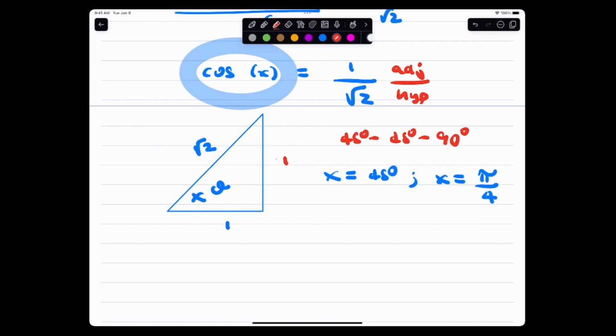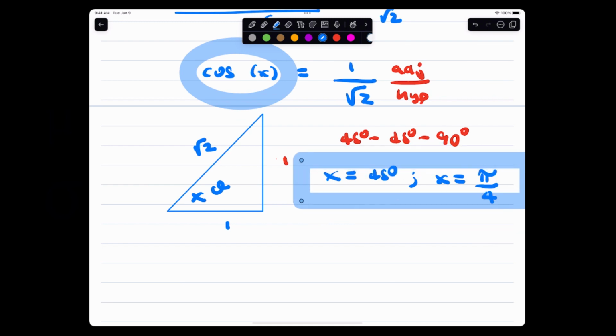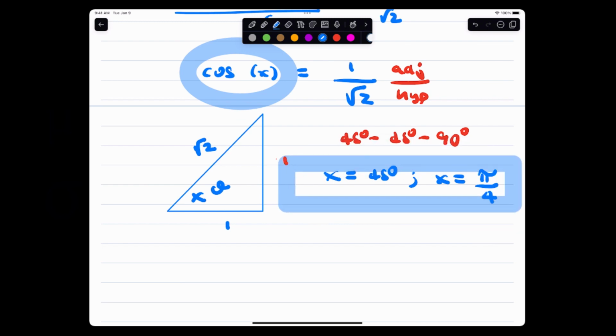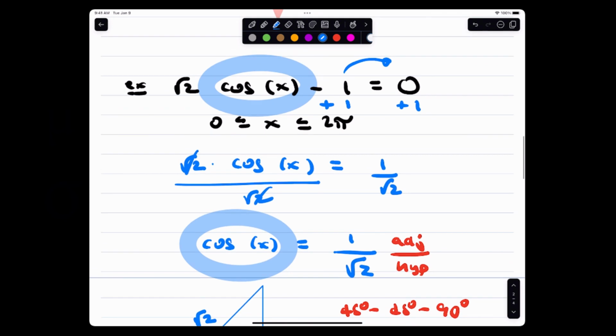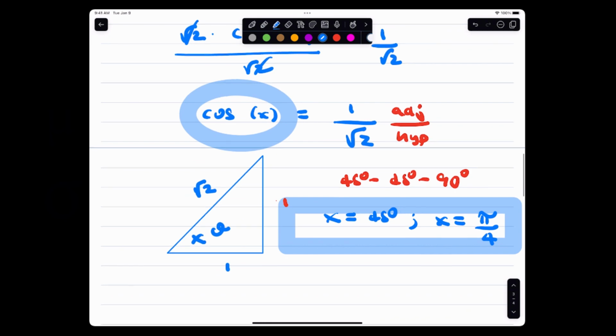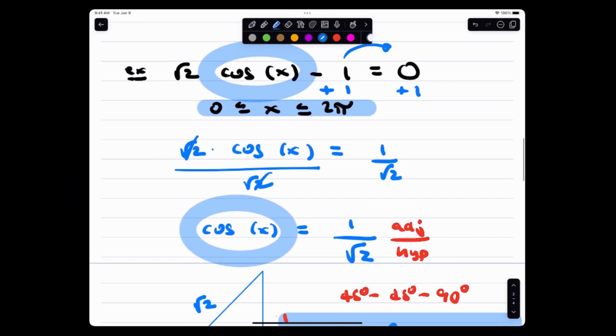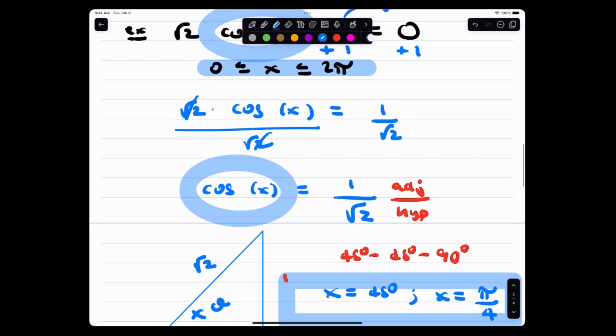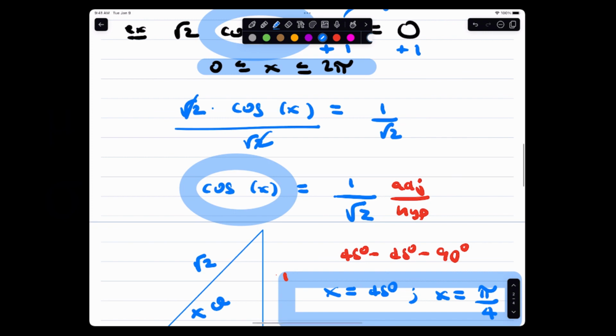So you have your answers here. However, what did they say originally? You need to find answers that are in between 0 and 2 pi. So the thing about this is cosine is positive. You say, what do you mean positive? Well, we're going over here now.